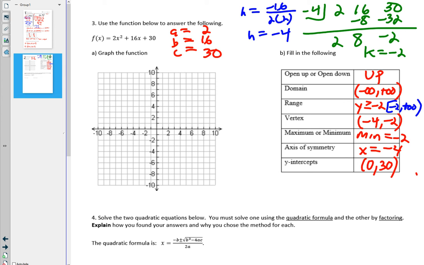Okay, so now we're going to plot. We know our vertex is at (-4, -2). But I can't fit my y-intercept here. It's too big. We taught you to get 1, 1 and 2, 4, and use these as a set of directions, then just count from the vertex.